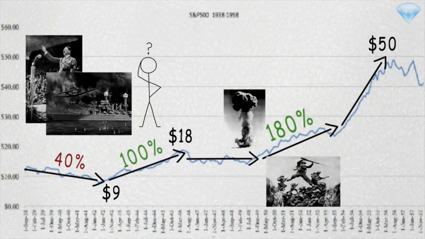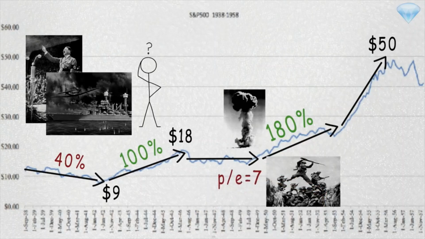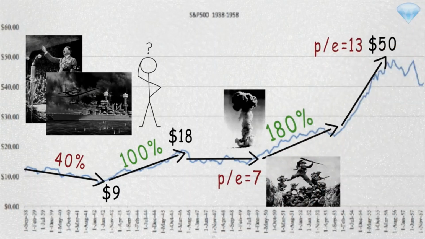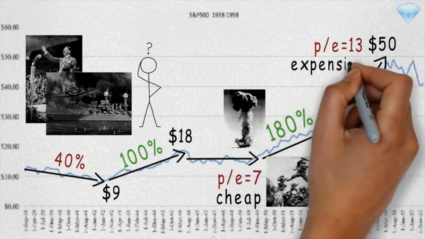With the stock market rally, the PE ratio increased as well, from 7 in 1950 all the way to 13 in 1956, which means stocks were cheap in the 1950s and became more expensive in 1956.